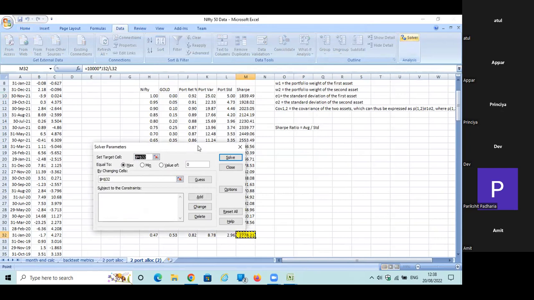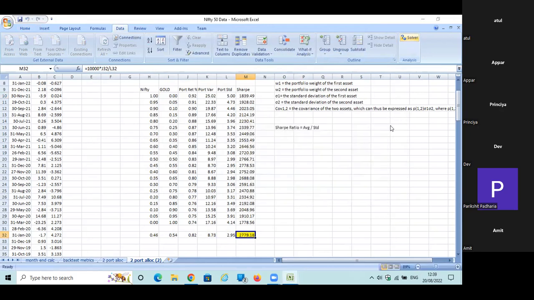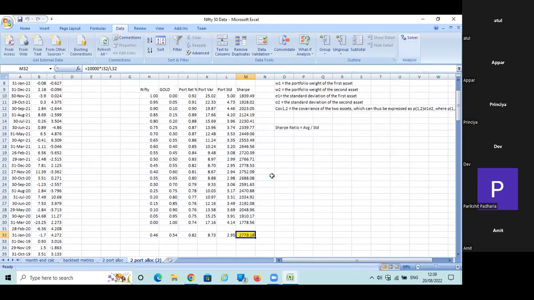Target cell as M32 by changing H32. Guess. Solve. Keep the solve. So it changed.